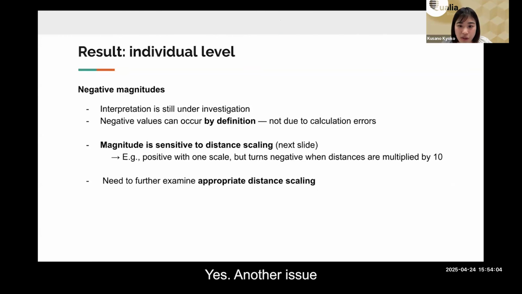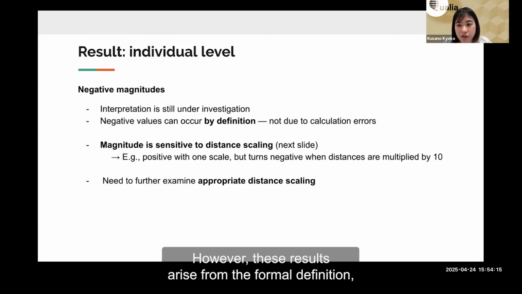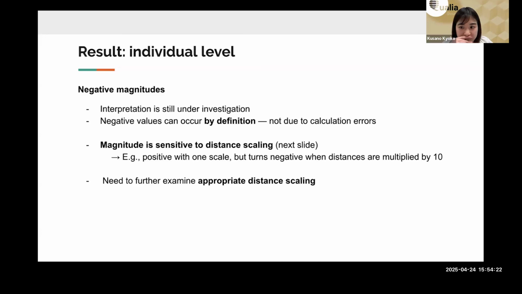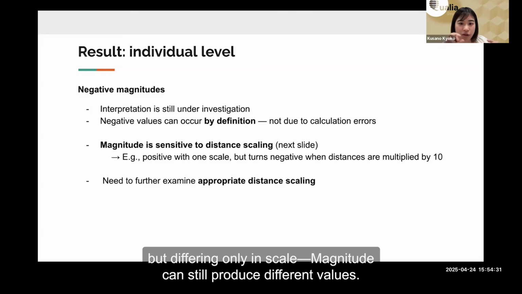Yes, another issue is that of negative or infinite magnitudes. How we should interpret these cases is still under discussion. However, this result arises from the formal definition, so they are not necessarily calculation errors. Even if two structures are completely isomorphic, in other words, identical in configuration but differing only in scale, magnitude can still produce different values.